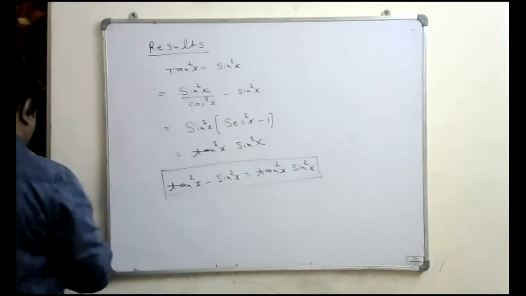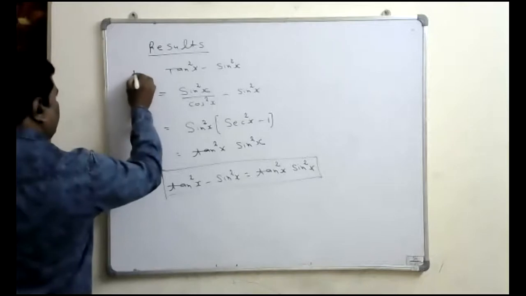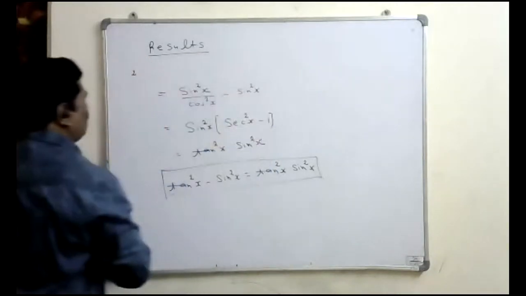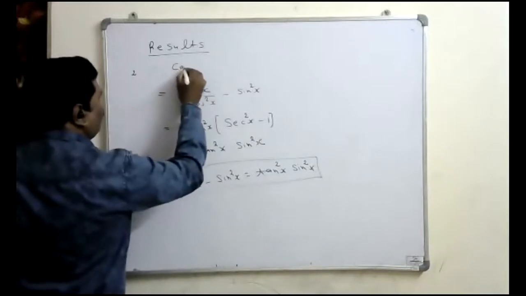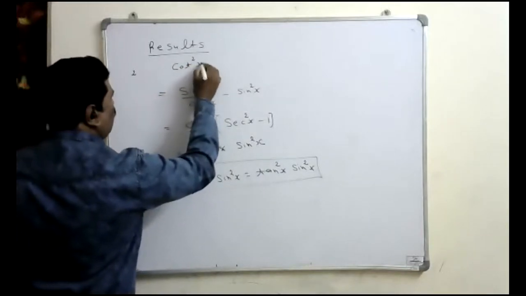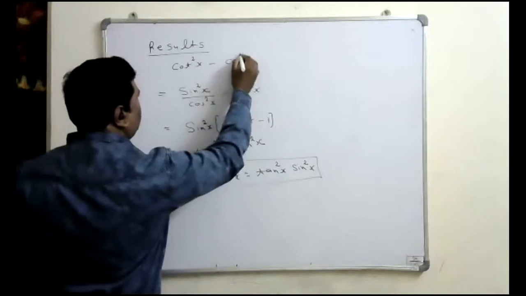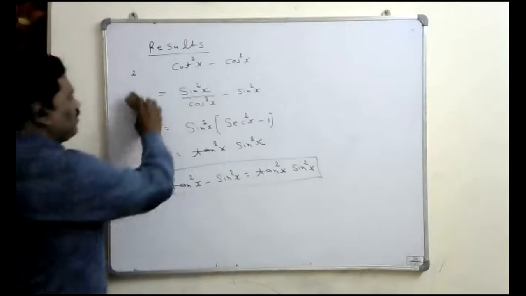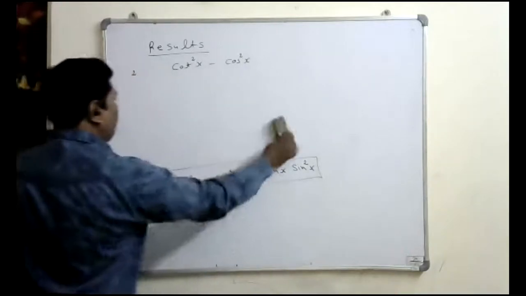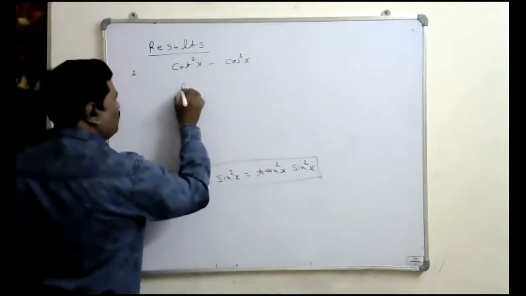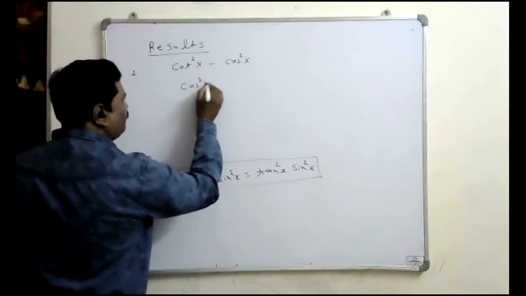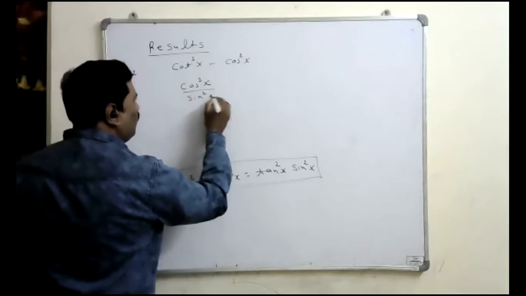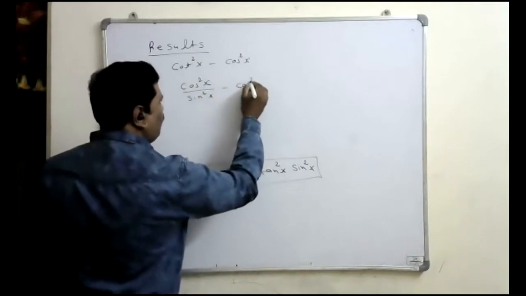Similarly, look at the next result: I want to find cot square x minus cos square x. Cot square x we can write as cos square x upon sin square x, minus cos square x.